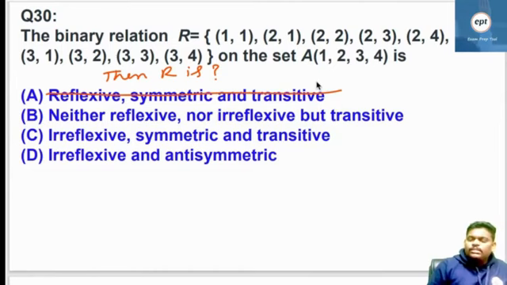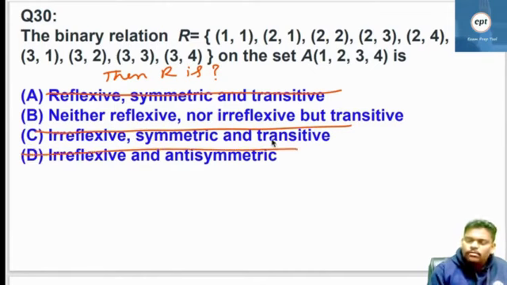Next one: is it symmetric? (2,1) is there, reverse (1,2) is not. No. Is it irreflexive? (1,1) is there, so irreflexive is also gone. Neither reflexive nor irreflexive but transitive. This is the only option left.